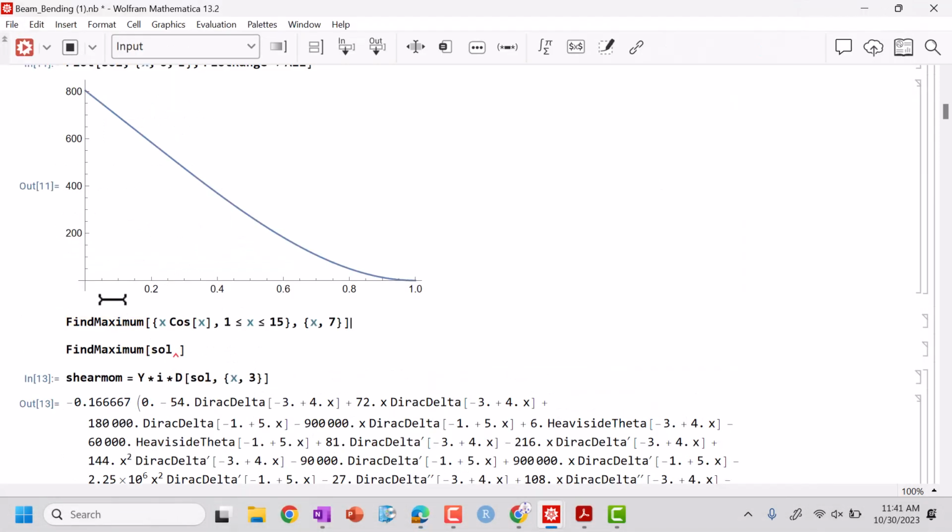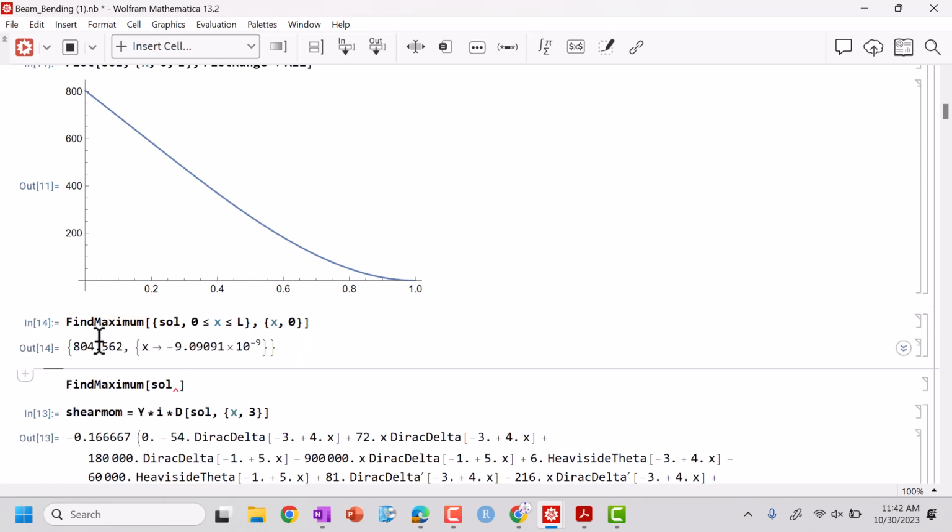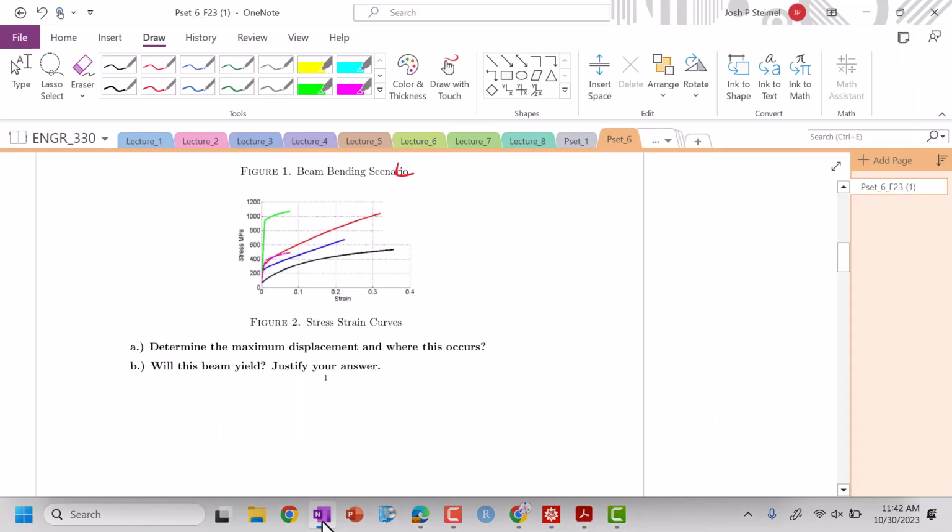So FindMaximum of my solution from 0 to the length of my beam, and let's always start it at 0. We should achieve that. So that's going to be my maximum displacement of 804 meters. Again, crazy. It occurs at the edge of the beam, which kind of makes sense.